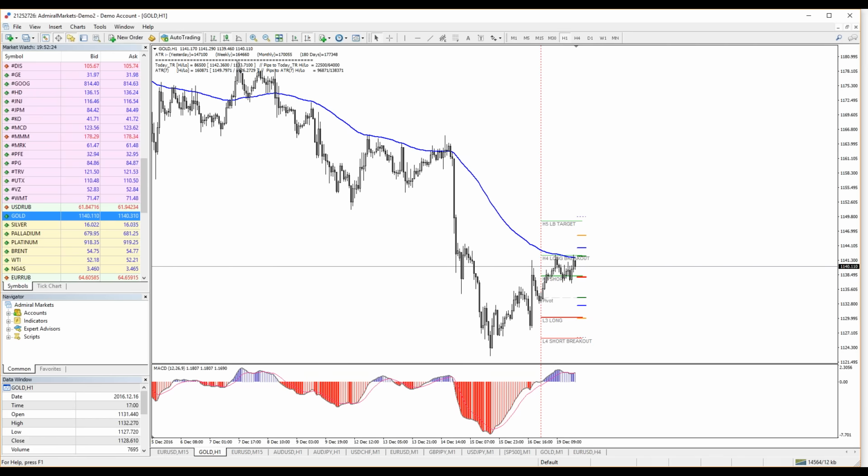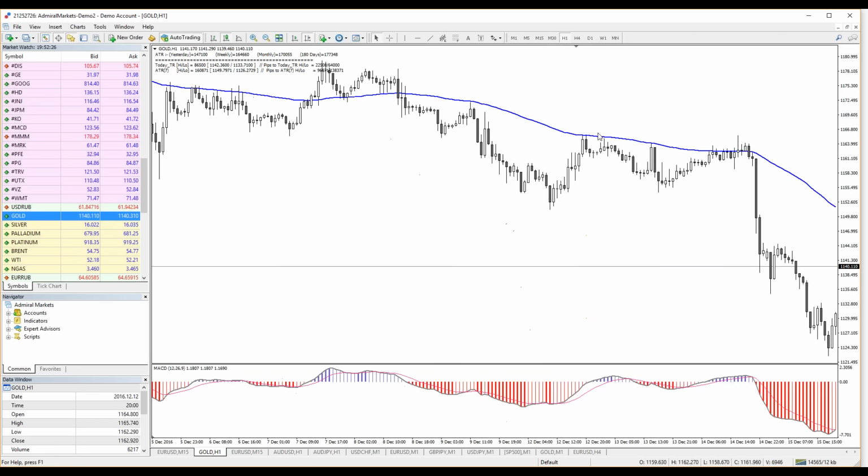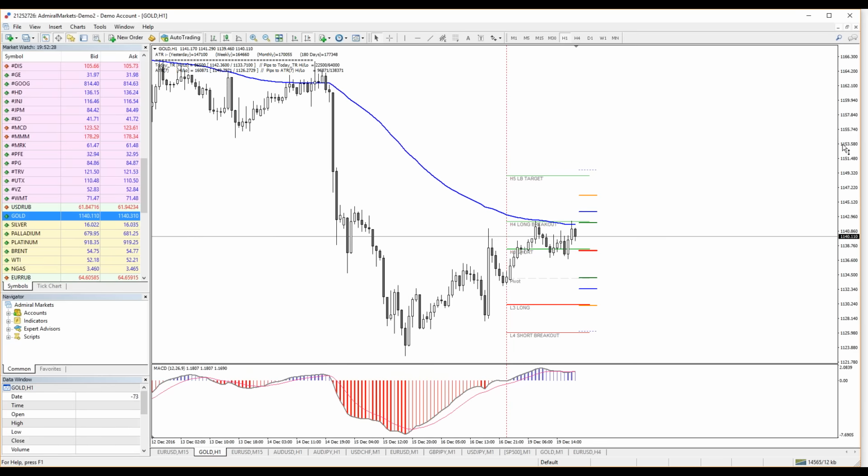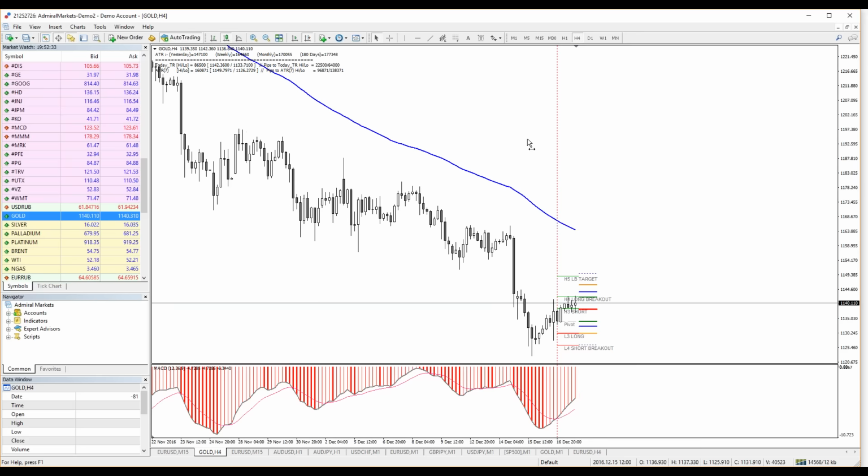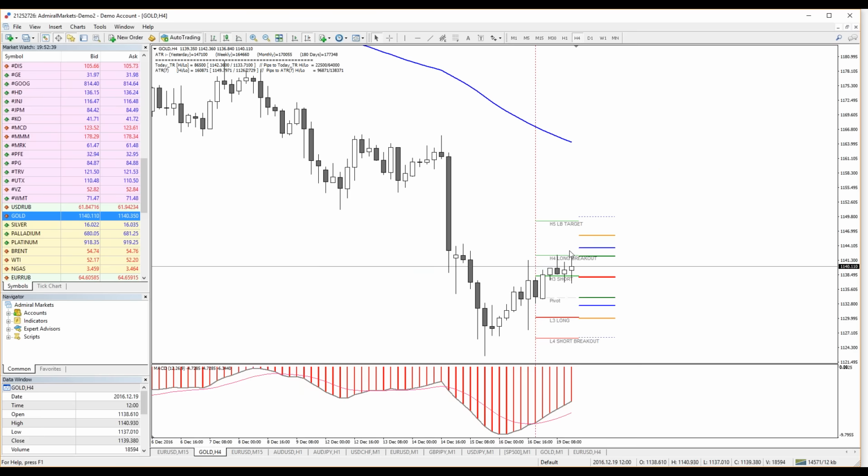It's at resistance. So what I would actually advise maybe is to wait for a 4-hour close. Yes, for a 4-hour close above the H4 level. So if you see a 4-hour close above H4, it could be long up to H5. So yes, watch for a 4-hour candle close above H4 Camarilla.